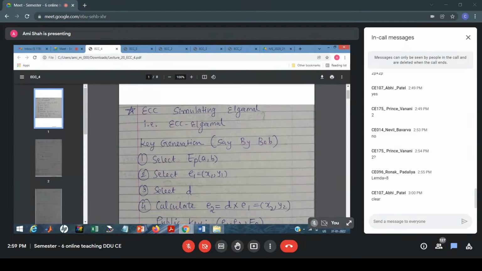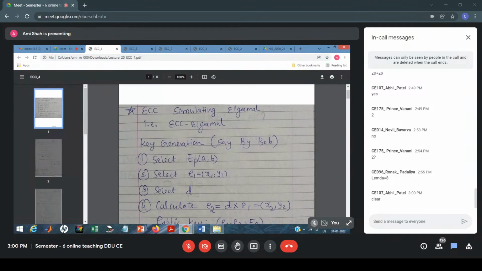Okay, now once the public key and private key are generated, what will Alice do? Alice has some plain text, right? The public key generated by Bob is sent to Alice. Alice uses the public key sent by Bob, and with the help of that, Alice encrypts the message, so the ciphertexts are generated.